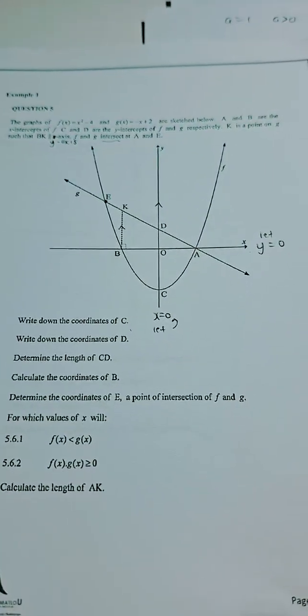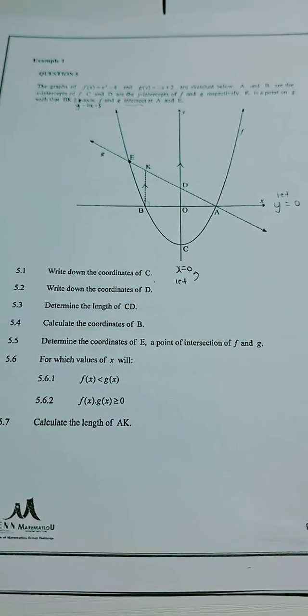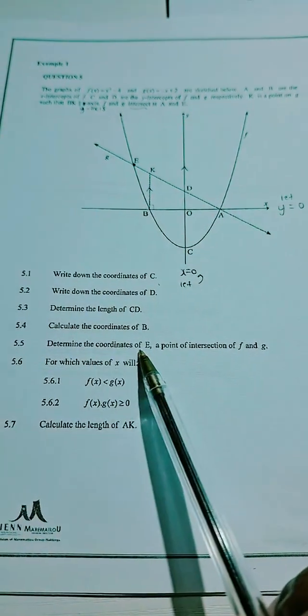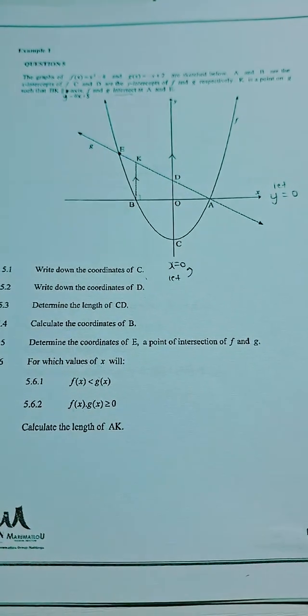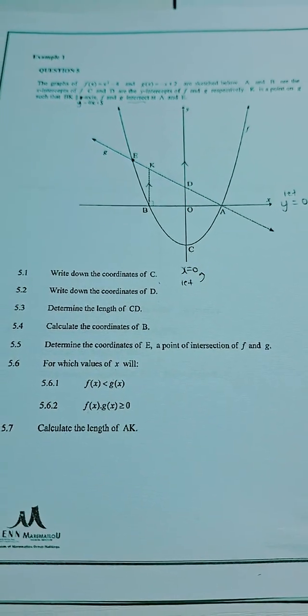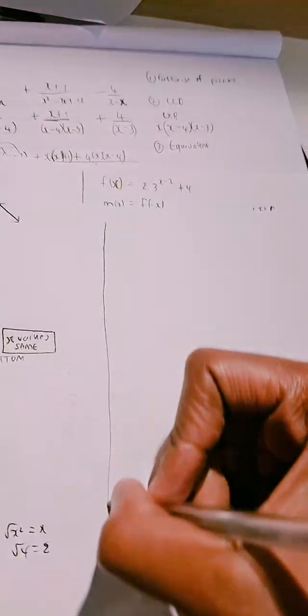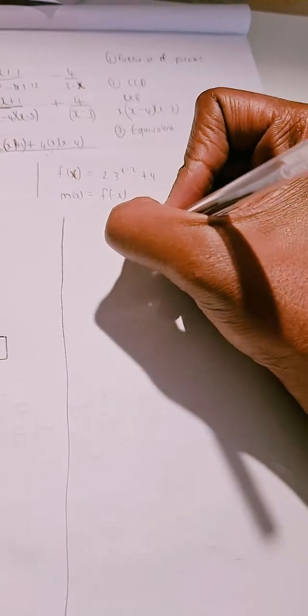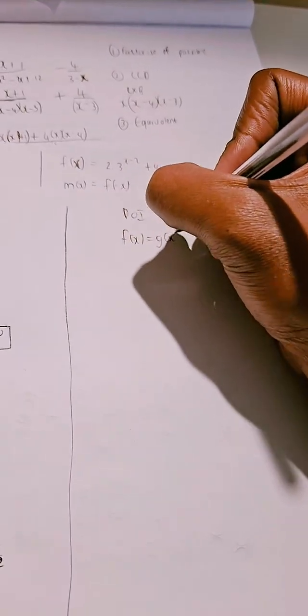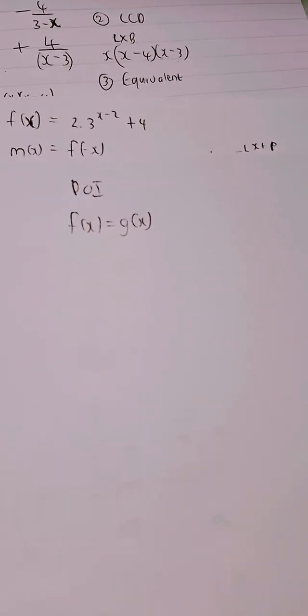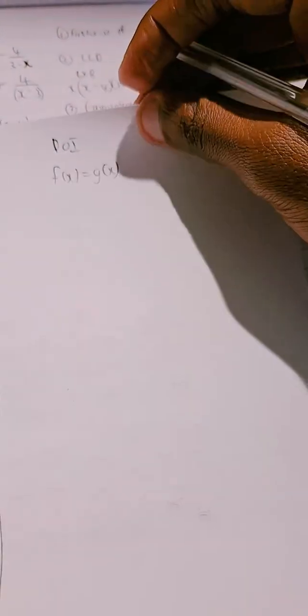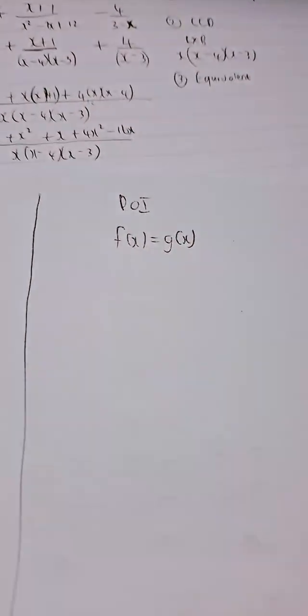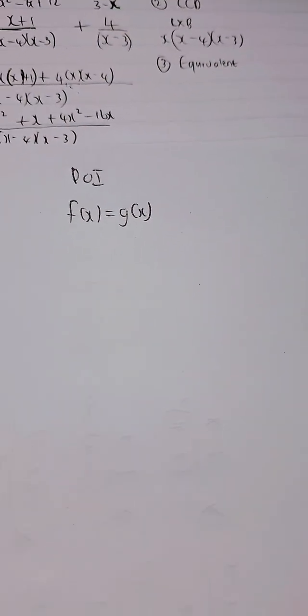The concept of point of intersection, POI, simply means f of x is equal to g of x. That's what point of intersection means. Two functions are having a sweet, beautiful relationship there.